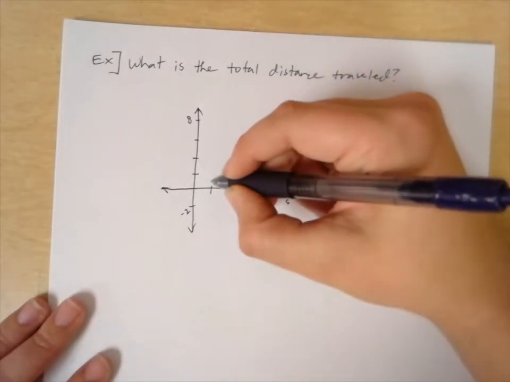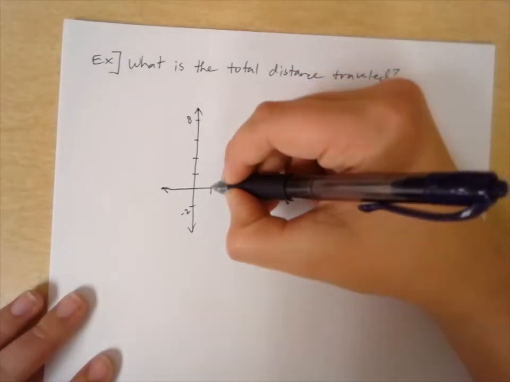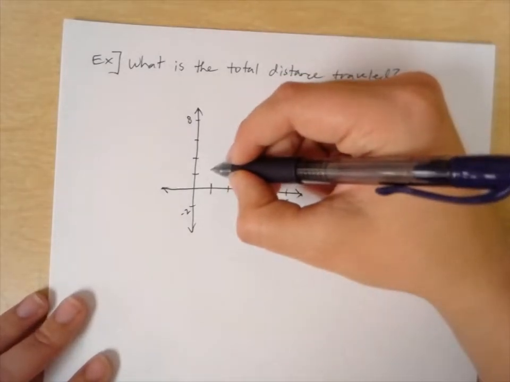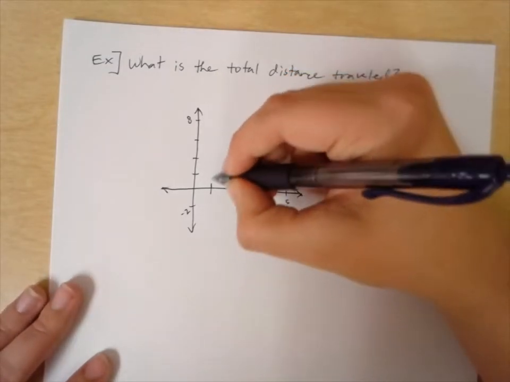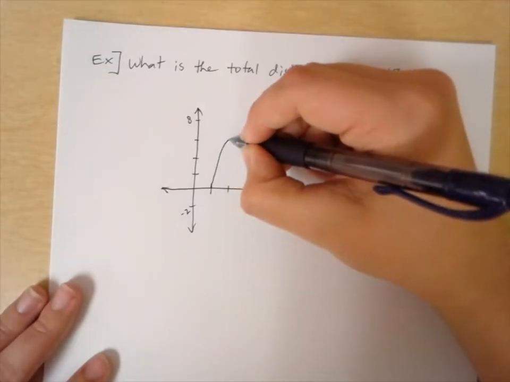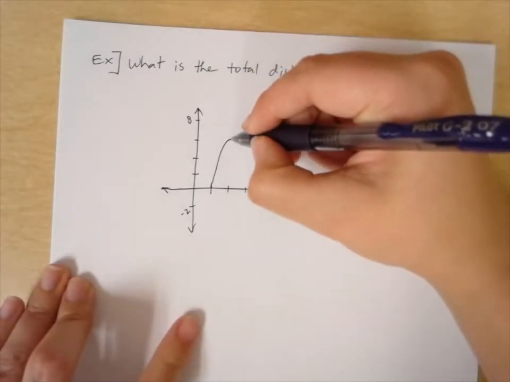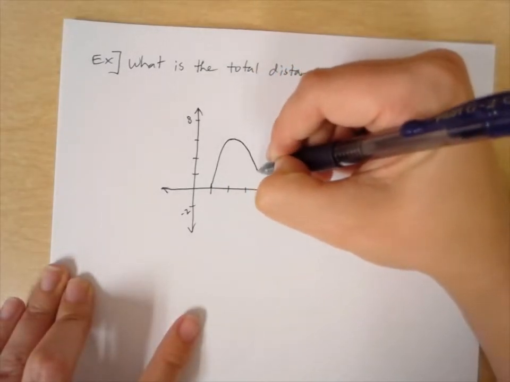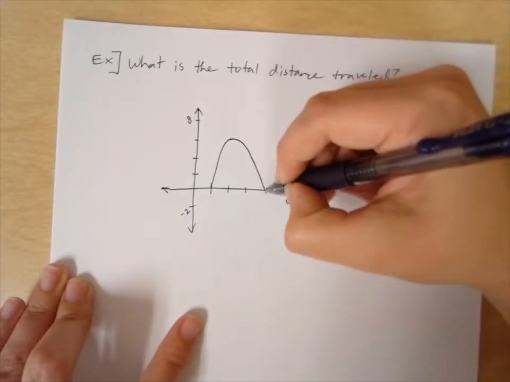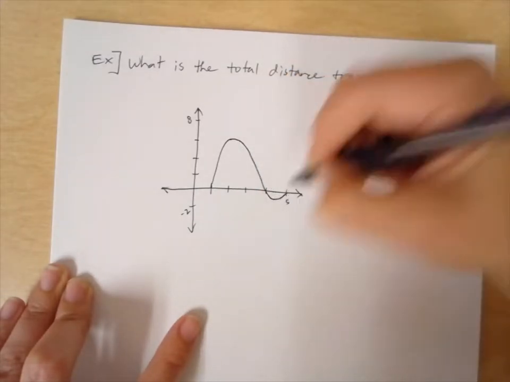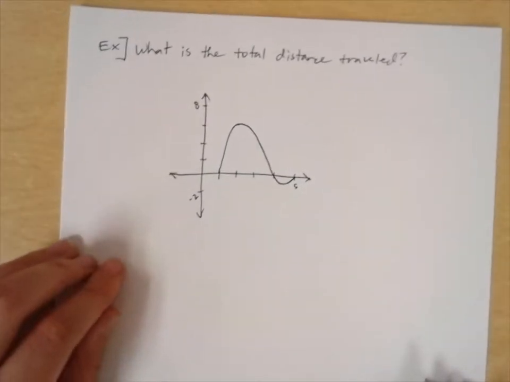We start at 1, and then we have a sort of maximum happening at about 6, while we're over 2. And then we have an x-intercept at 4, and another x-intercept at 5. And that's kind of what our graph is doing.